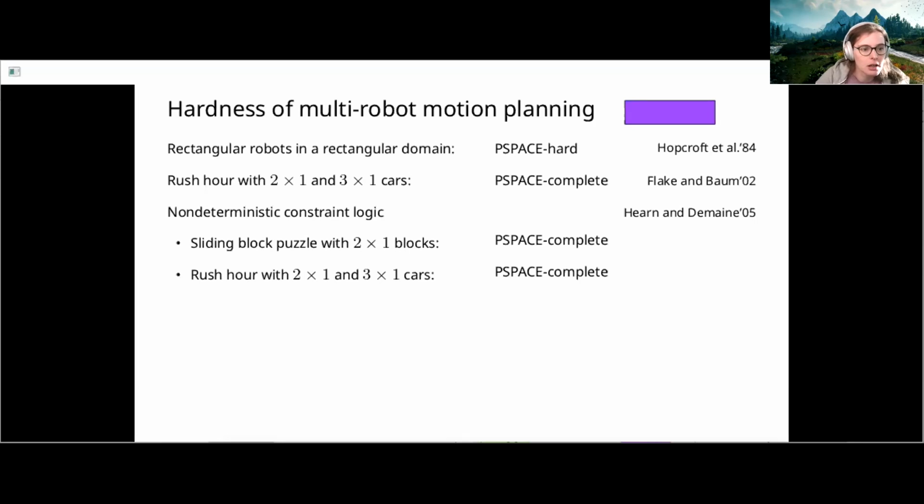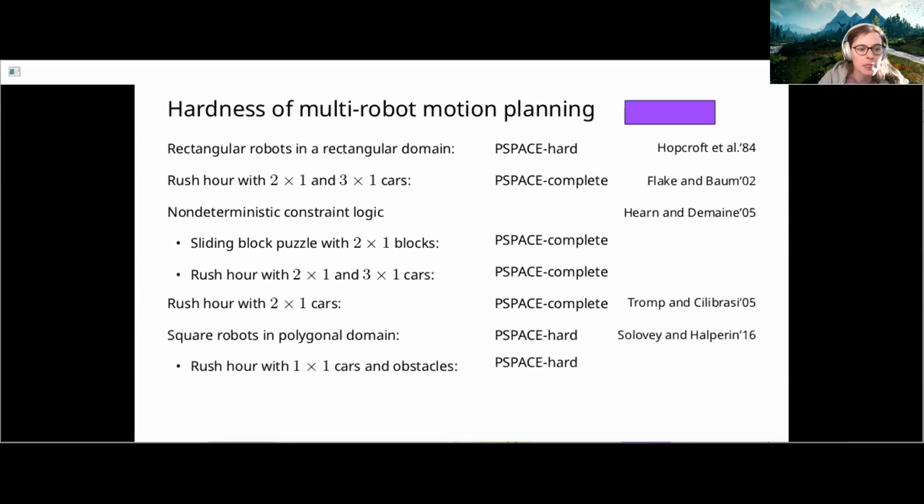So in the second item, they sort of reproved the known result. And then using the same non-deterministic constraint logic, there was a sequence of different improvements. The next result was to only restrict the cars to one size of 1x2. It's also known to be PSPACE-complete.